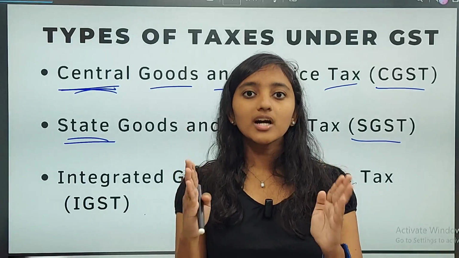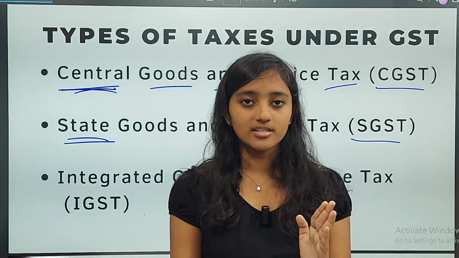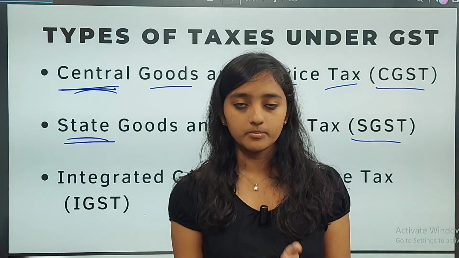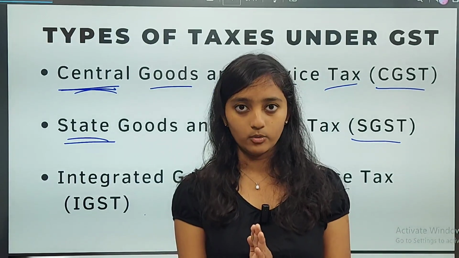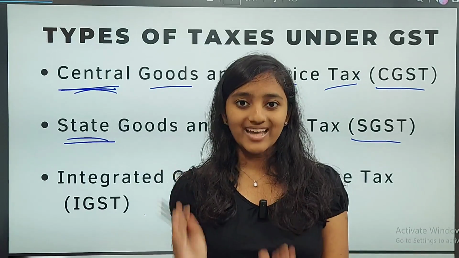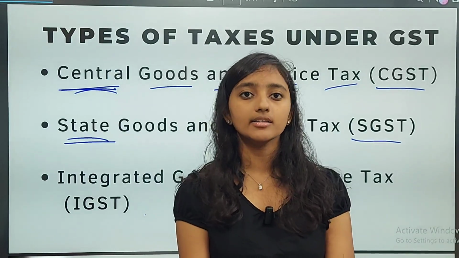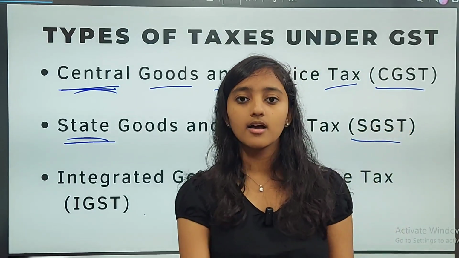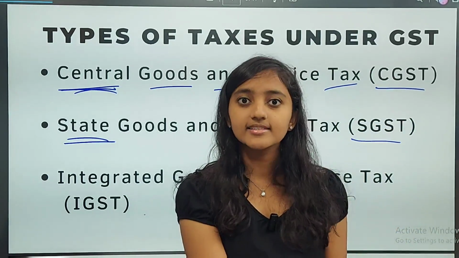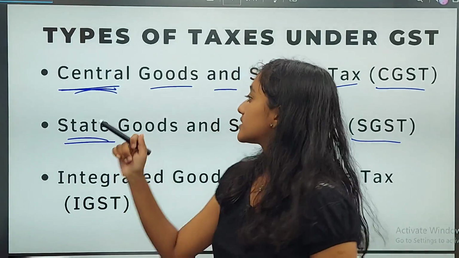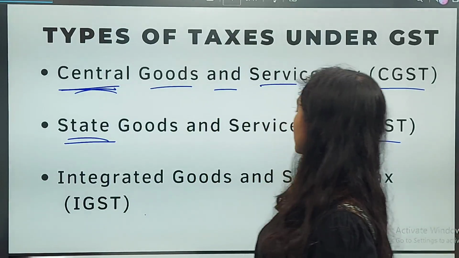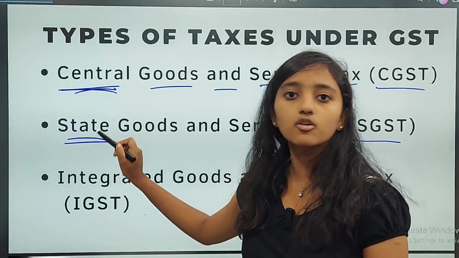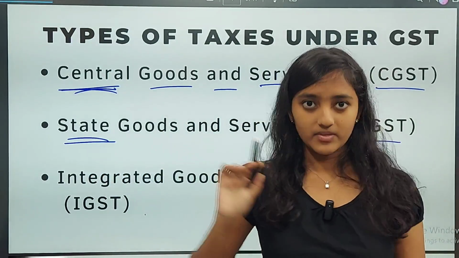Got it? जो पूरा GST आपको मिला है एक intrastate sale में, within, I am in Telangana, within Telangana अगर कोई goods sale हुआ या service provide हुआ है, whatever tax is collected उसमें से आधा goes to the central government, that is आधा मोदी government को जाएगा and आधा goes to the state government here. Okay, so you have the central goods and service tax. So the amount which goes to the central government is known as CGST, and the amount that goes to the state government is known as SGST, right?